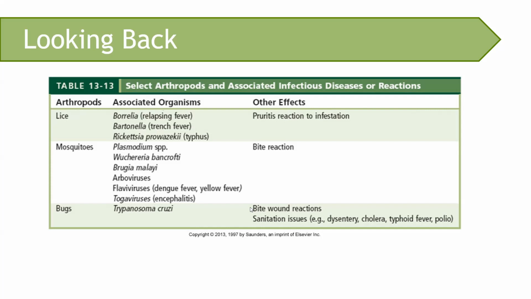For mosquitoes, the other organisms involved are Plasmodium species, Wuchereria, Brugia, arbovirus, Flavivirus, the causative agent of dengue fever and yellow fever, and Togavirus, the causative agent of encephalitis. For bugs, we have the reduviid bugs and Trypanosoma cruzi.